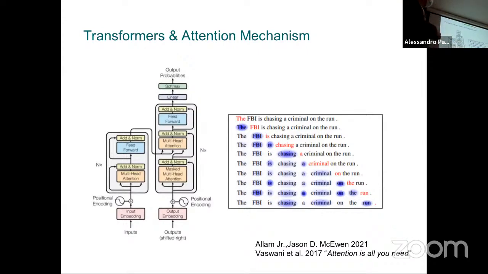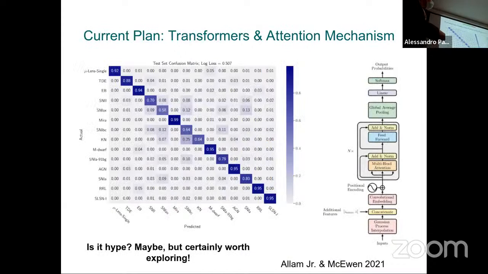Now, this was applied last year by these two people, Allen and McEwen, and they applied this on a data set for the Vera Rubin Observatory. So, you know, the Vera Rubin Observatory will observe millions of sources every night. It's an optical X-ray survey.